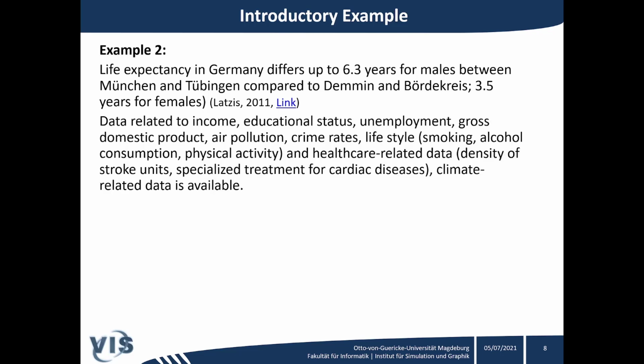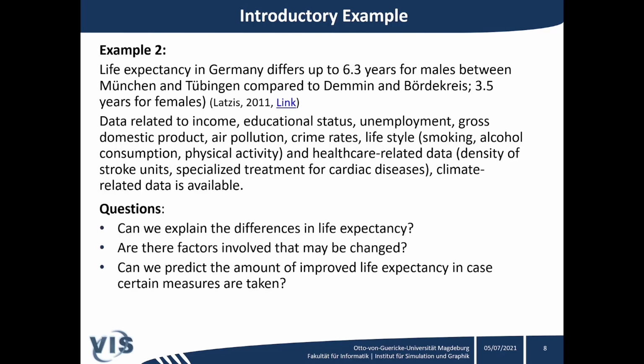Here, different data aspects were collected, comprising data related to income, education and status, unemployment, gross domestic product, air pollution, crime rates, lifestyle including smoking, alcohol consumption and physical activity, as well as healthcare related data including the density of stroke units and specialized treatment for cardiac diseases, as well as climate related data.